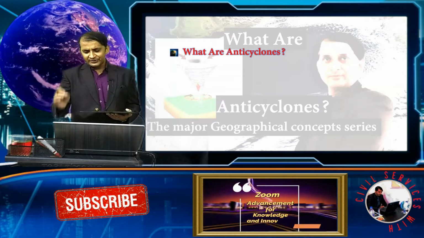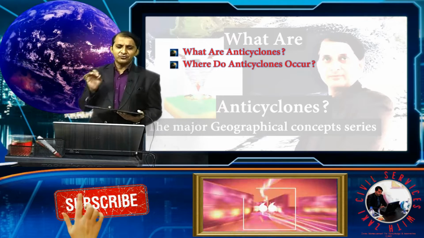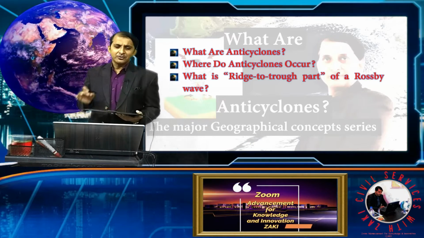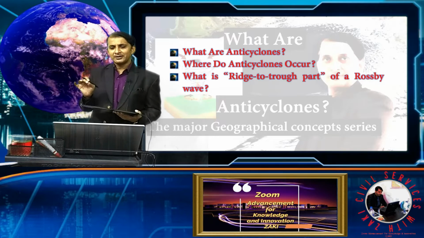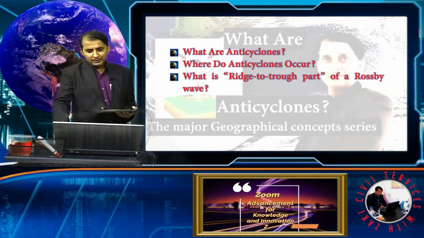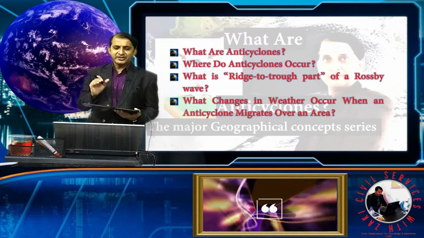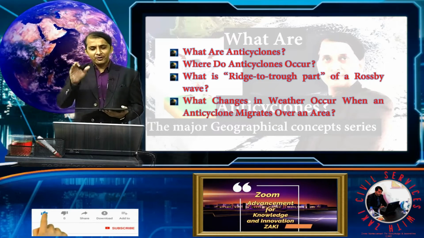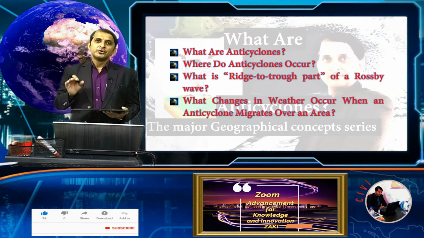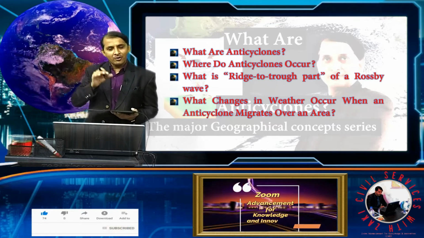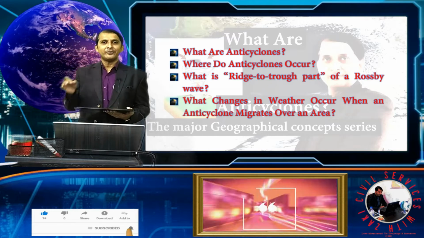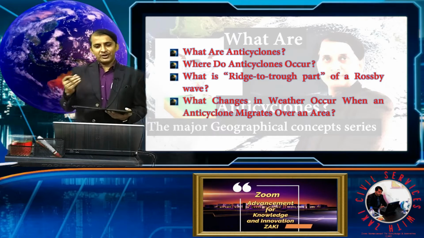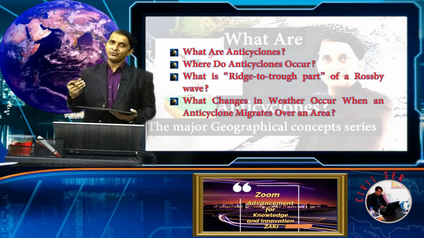Another is where do anticyclones occur, and third is what is the ridge-to-trough part of Rossby waves, and another is what changes in the weather occur when an anticyclone migrates over an area. We discuss all these topics in this video. We take these questions one by one.